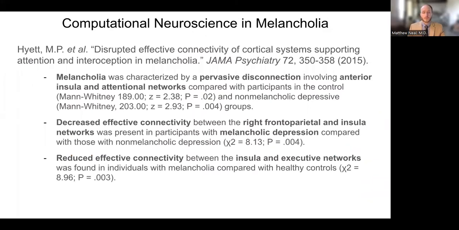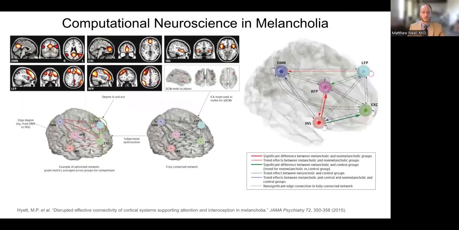There's also a study here in computational neuroscience and melancholic depression. So they collected, again, three groups of individuals: healthy matched controls, patients with melancholic depression, and patients with depression who did not have melancholia. And what they found were really distinct differences, obviously, in the connectivity and function of the healthy controls versus both depressed and melancholic depressed patients.